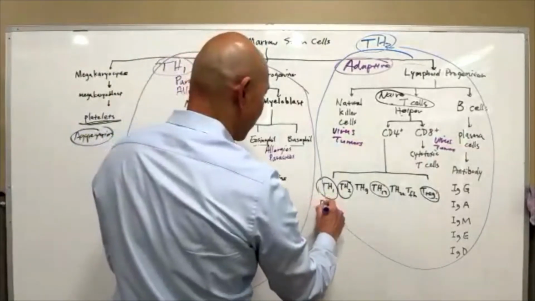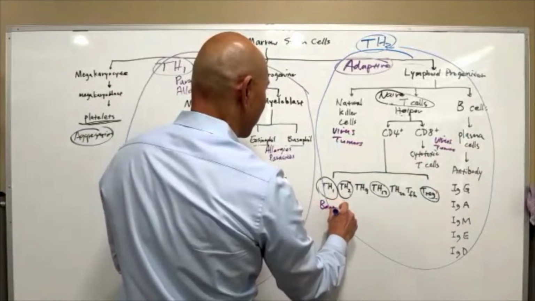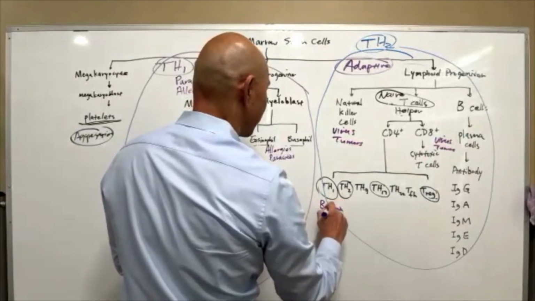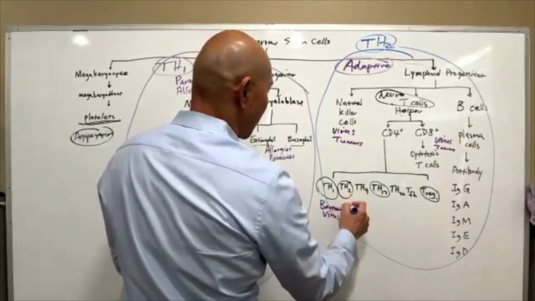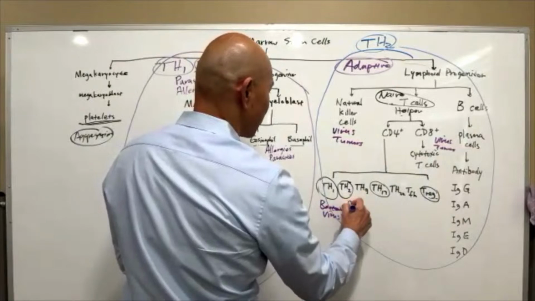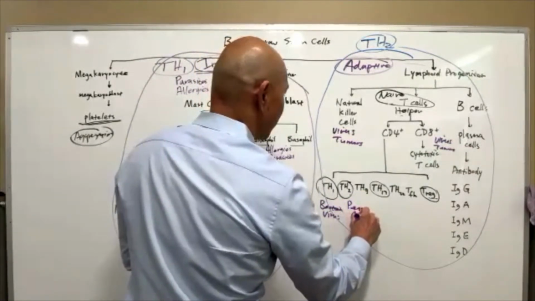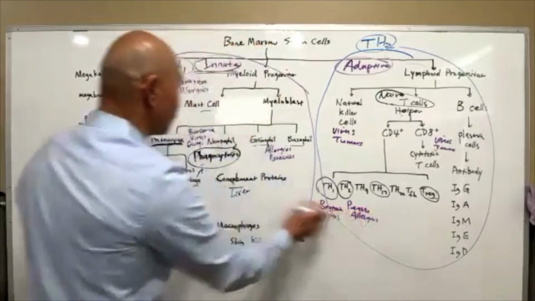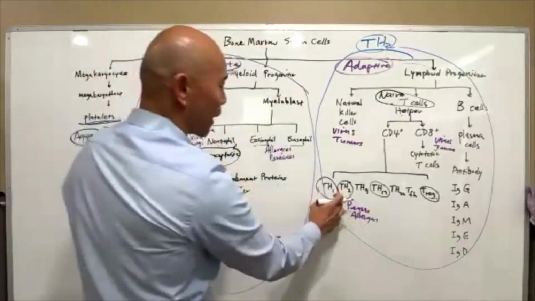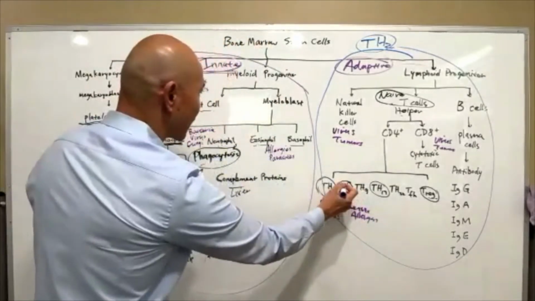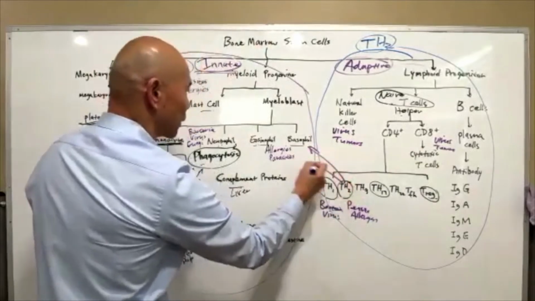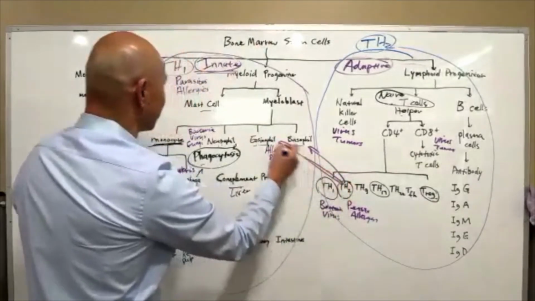So this could be against bacteria, virus, principally. T helper 2 response is going to be primarily parasites and allergens. Right? Anything that's too big to be phagocytized will be handled by the T helper 2 immune cells, and they're going to talk to these guys.